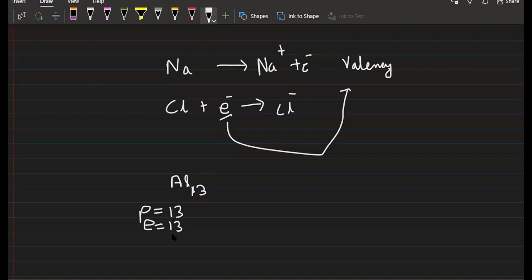Now just think about this. As I said, sodium needs to have 10 electrons to be stable. Who tells us to eat? If no one tells us to eat, won't we eat?